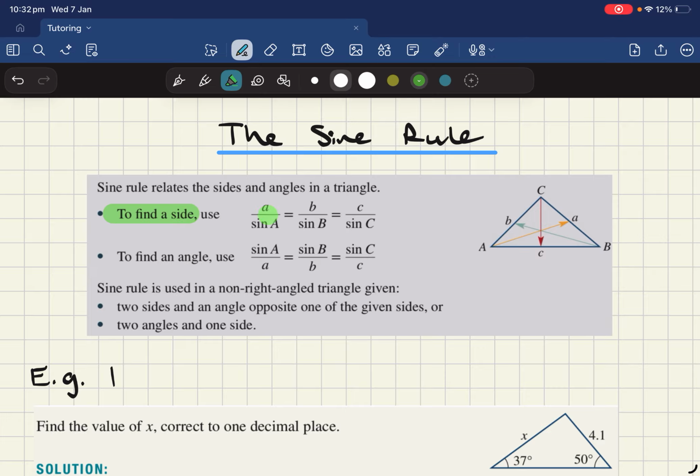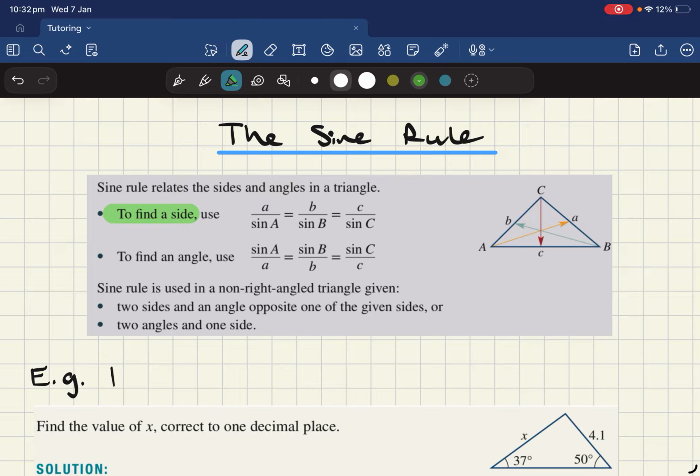In this way, the formula tells us that one side over the sine of the angle opposite that side equals another side over the sine of the angle opposite that side equals C over sine C. So this first one we are going to use anytime we want to find a side.